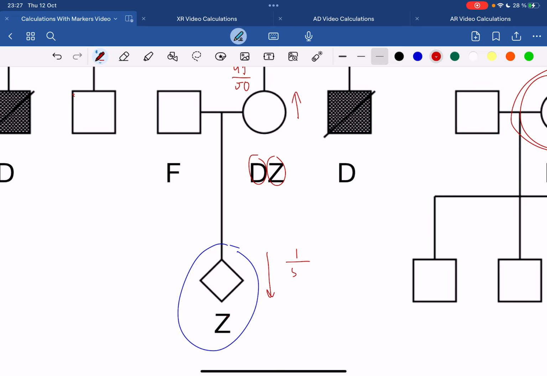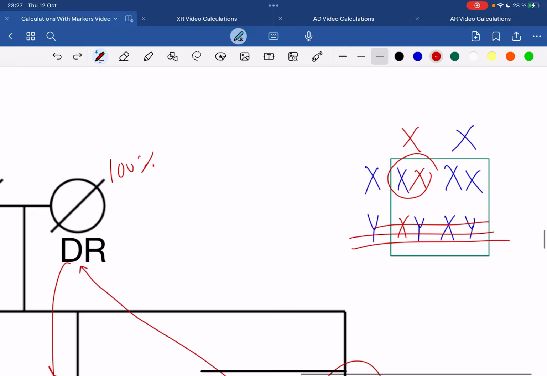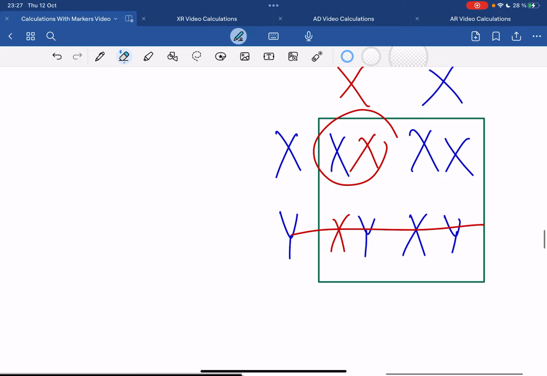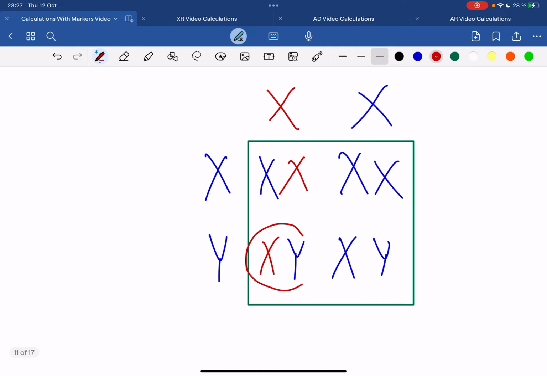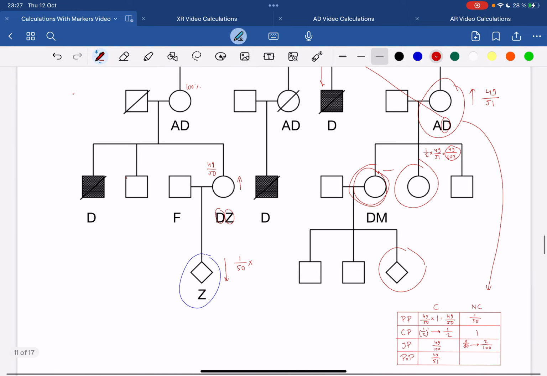So 1/50 times the child to be born affected, which in our case, if we look at the Punnett square, in order to be affected, you have to be born a male and you have to be born receiving the allele.